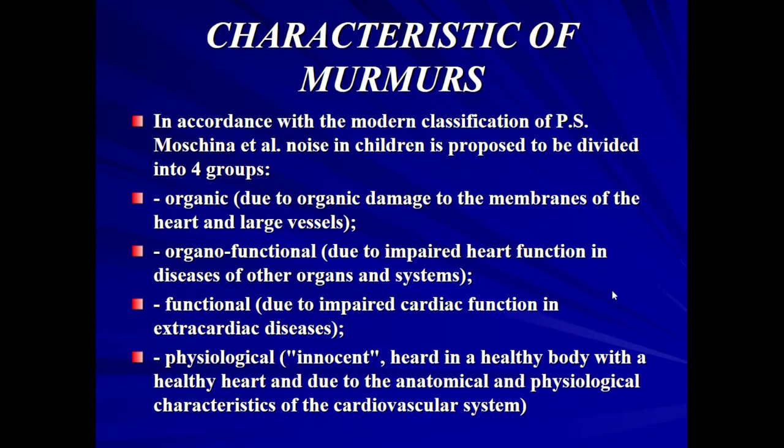Organofunctional, due to impaired function and diseases of other organs and systems. Functional, due to impaired cardiac function in extracardiac diseases. And physiological, in an otherwise healthy body with a healthy heart, due to the anatomical and physiological characteristics of the cardiovascular system.